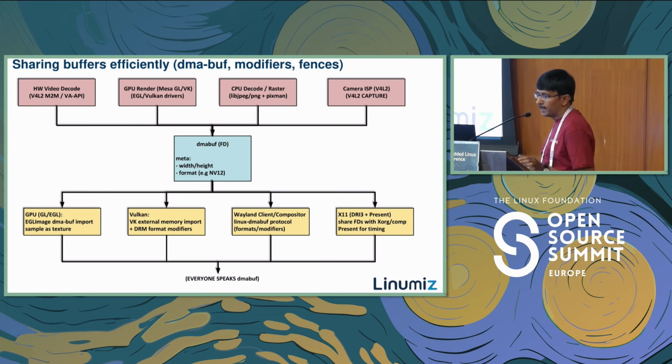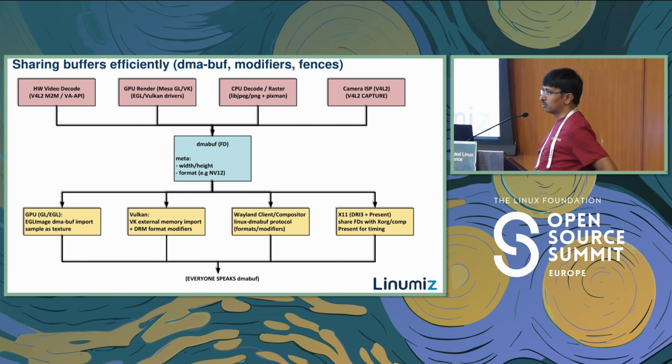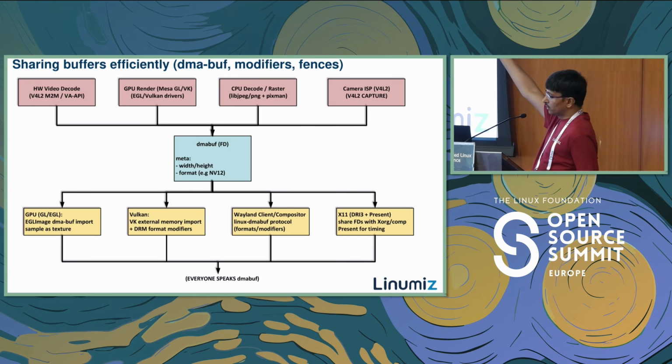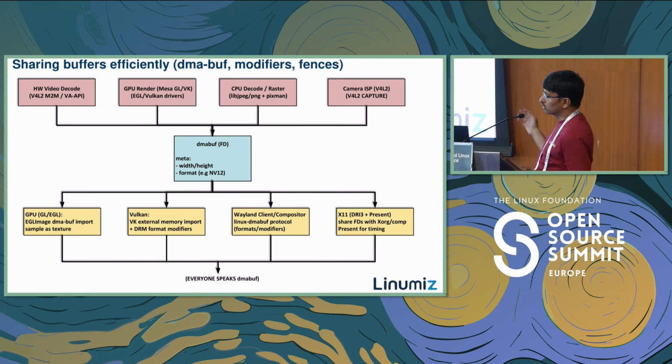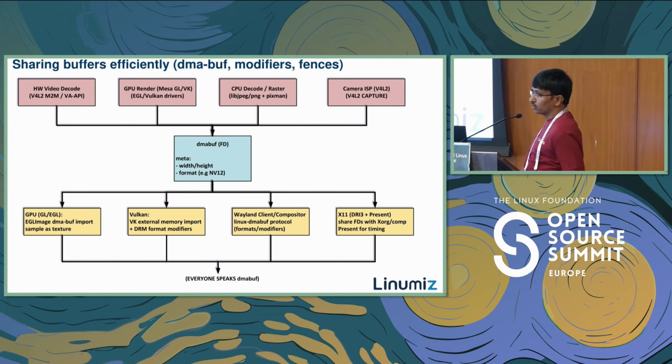So with the GPU path or the acceleration path which I mentioned, there is one common thing, which is called the DMA buffer. The buffer is handed off to the kernel to scan out to the real display panel. Whether it's a hardware video decoder, a GPU rendering system, a PNG decoder, or in fact a video decoder in the camera subsystem, all of them would export a common thing called a DMA FD.